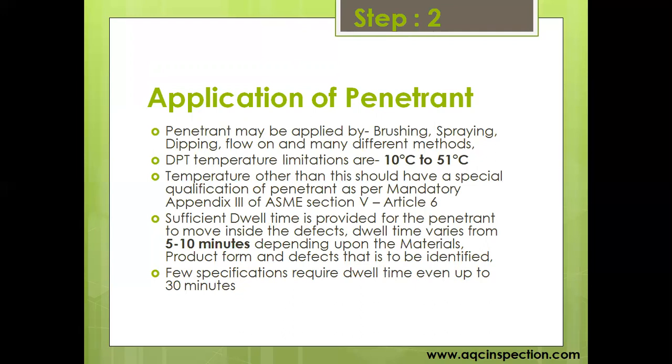It should be between 10 degrees Celsius and 51 degrees Celsius. Inspection of components at other temperatures requires a special procedure, and the preparation of the procedure is mentioned in Appendix 3 of ASME Section 5, Article 6.